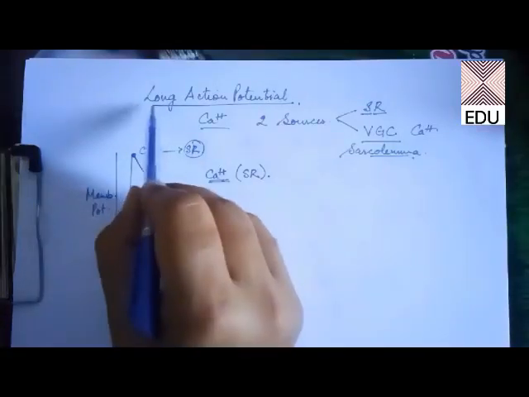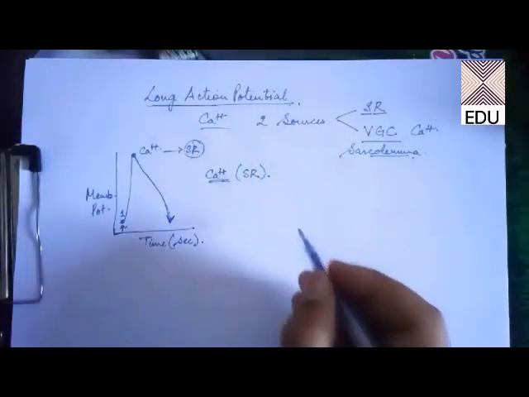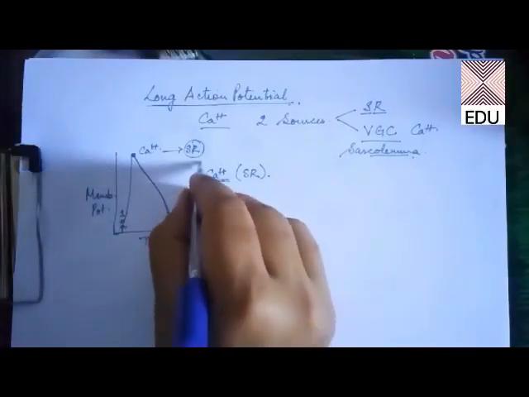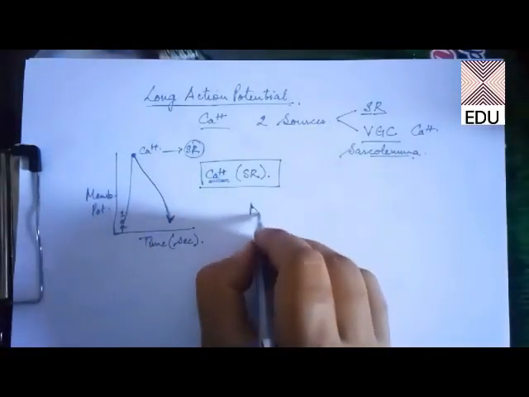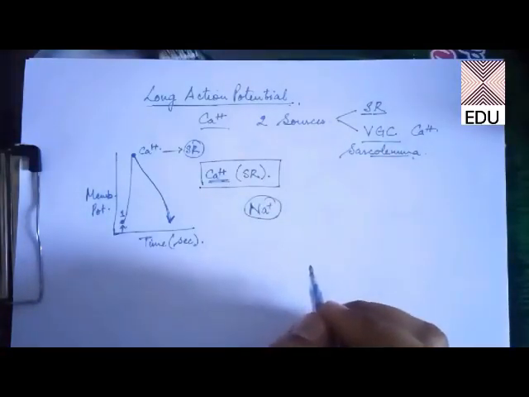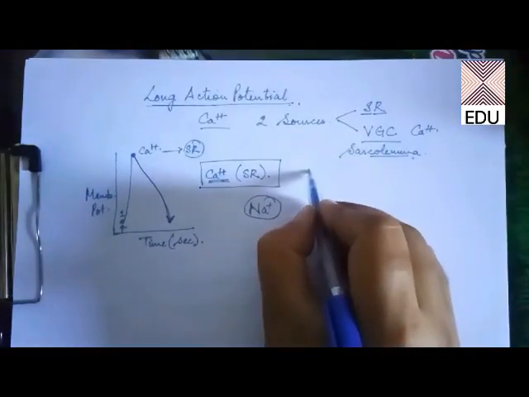Now we are taking up the long action potentials. What is the mechanism of long action potentials? Here, along with the calcium ions, sodium ions are very important in cardiac muscles. So here the graph is just like this.